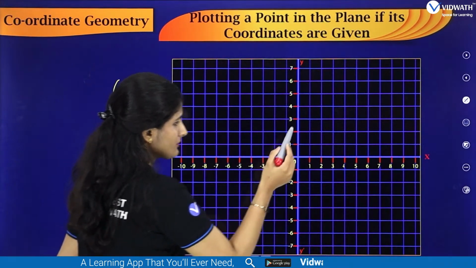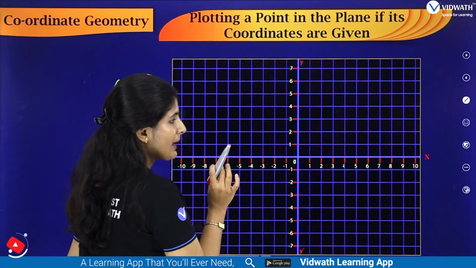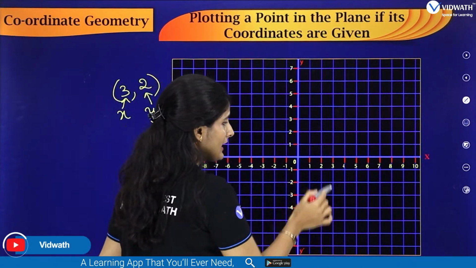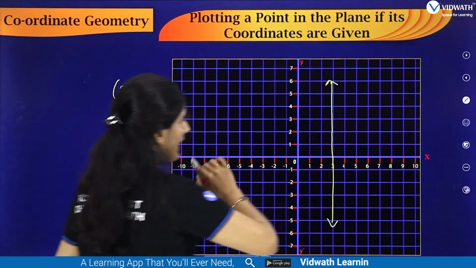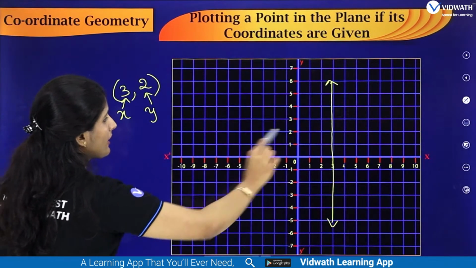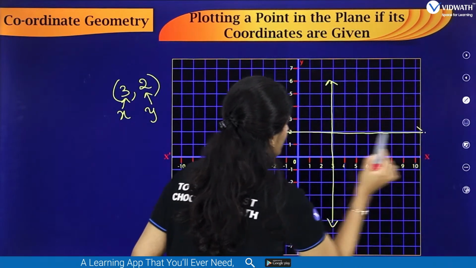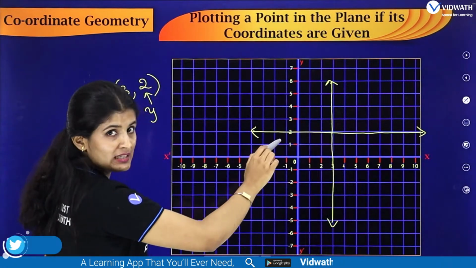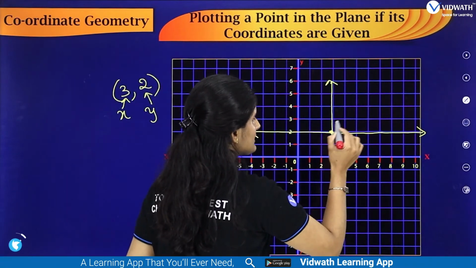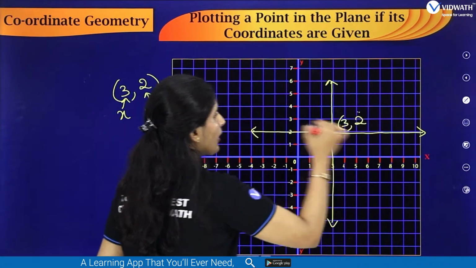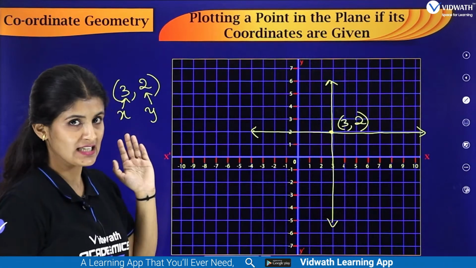That means the point will lie on a vertical line that passes through x is equal to 3, and it will also lie on a horizontal line passing through y is equal to 2. That is, a point will lie on both these lines. That means a point will lie on the intersection of these two lines, and hence this point is given to us by 3, 2. This is how we locate a point on a plane when its coordinates are given to us.